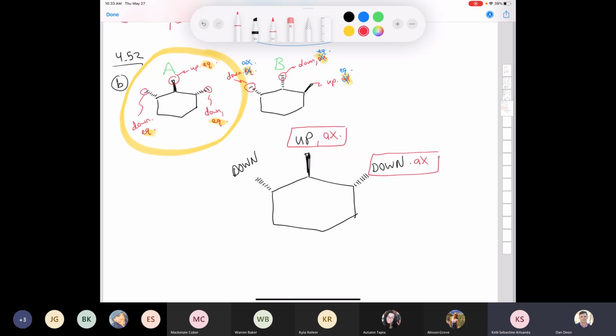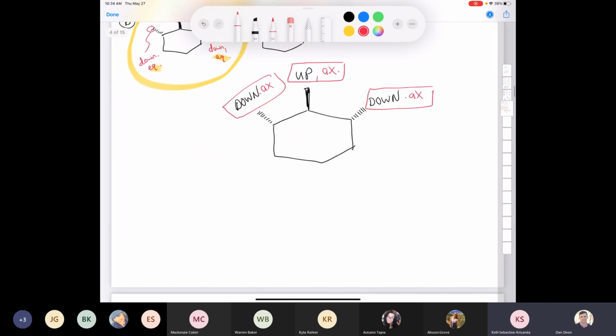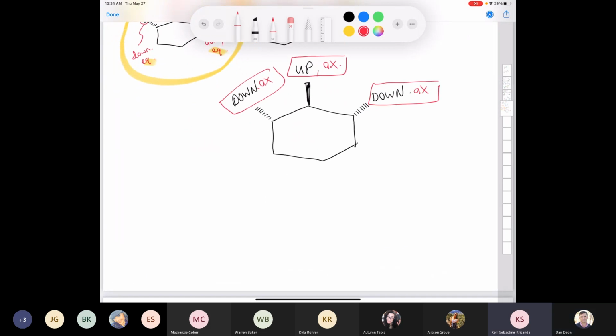This position over here is down and it would be axial. So it's the up versus the down, not just whatever angle. I was assuming that next angle, the one that's listed as down, is also designated as equatorial, but it is not because it's listed as an up and a down.